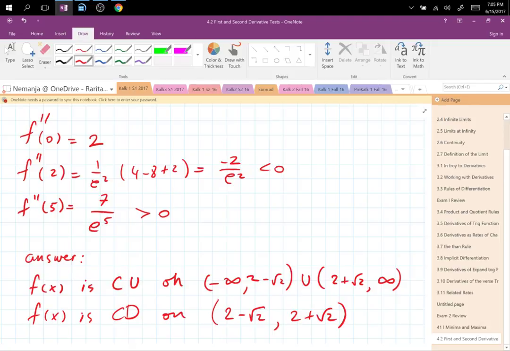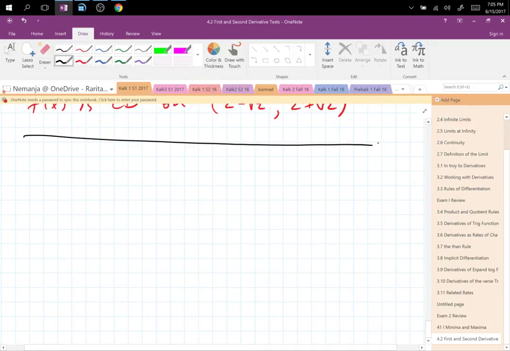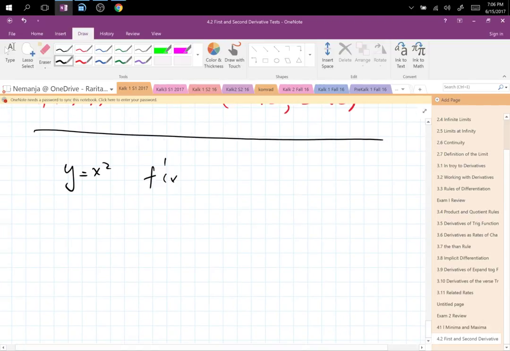So if you think about your function x squared, which is the easiest one, y equals x squared, and you decide to use concavity to talk about min, max, and everything else. If you look at this, the first derivative f prime is 2x, and the second derivative f double prime is 2. See, 2 is always positive.